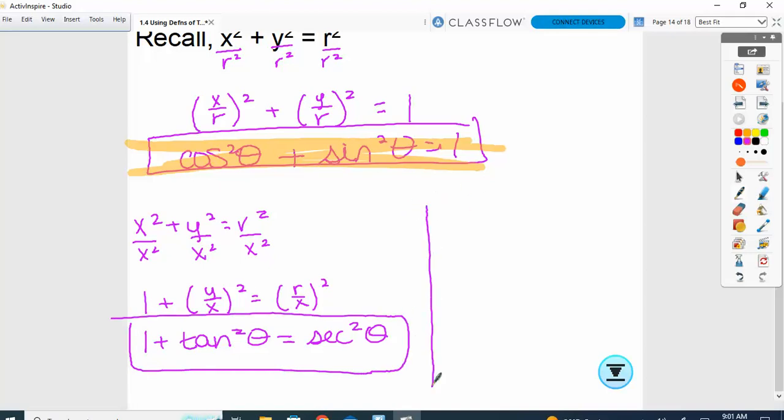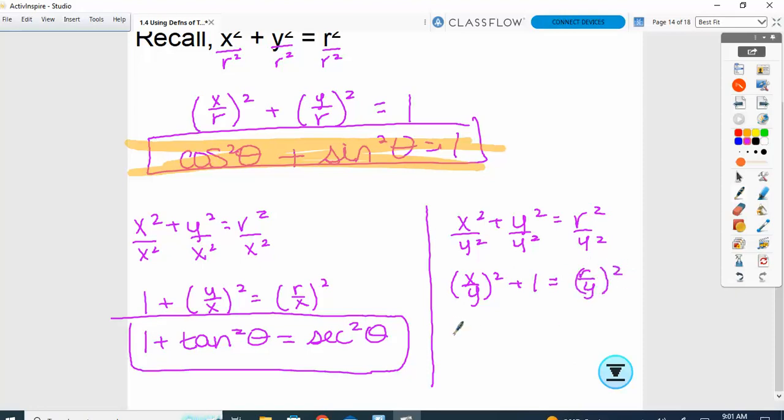How do you think I get the third one? Divide by y squared. So x over y is cotangent squared plus 1 equals r over y squared, cosecant squared.